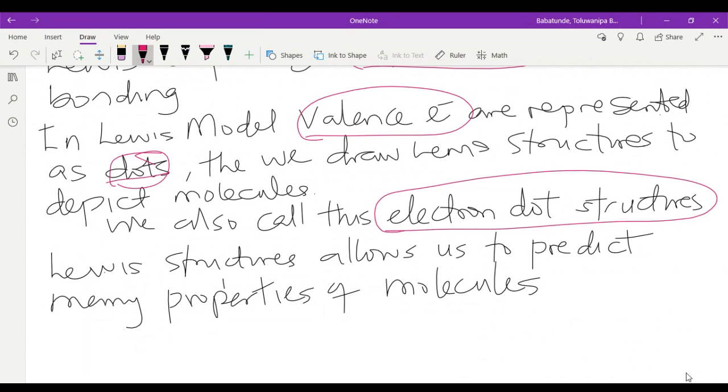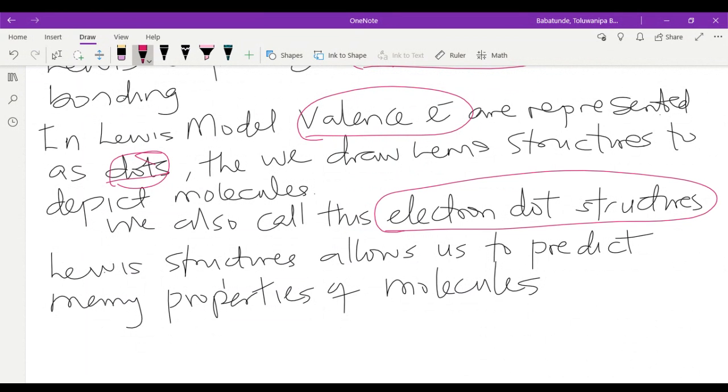Lewis structures allow us to predict many properties of molecules. We can predict the shape. We can predict so many things, and once we know the shape, we can know how the molecules are going to react with each other.